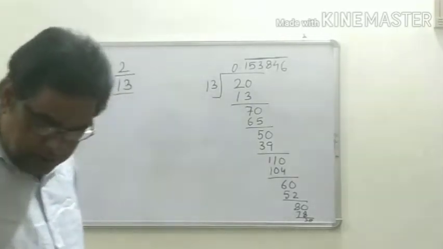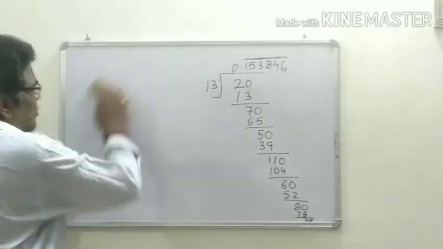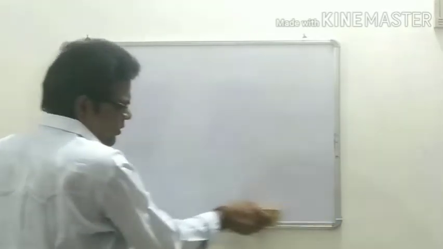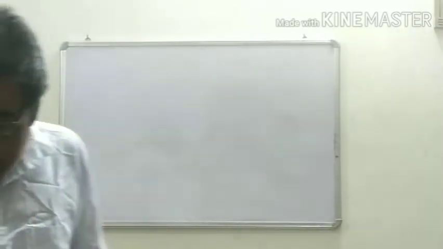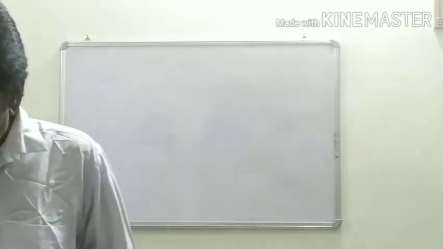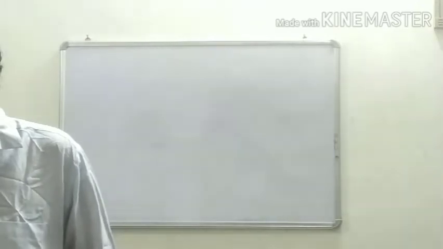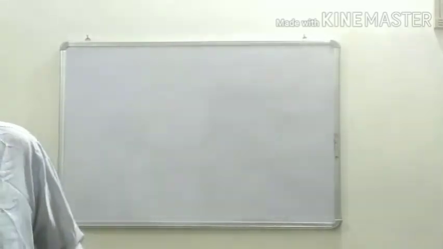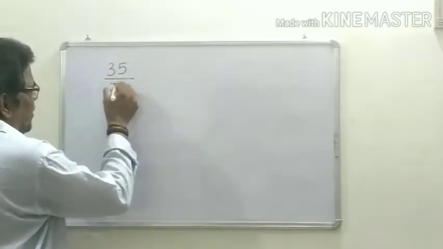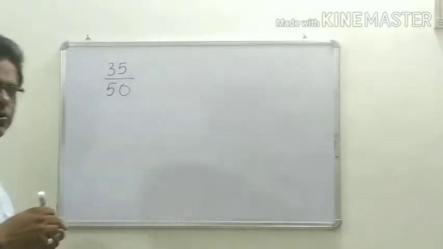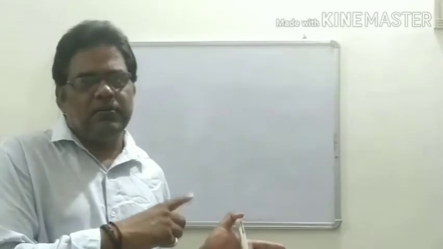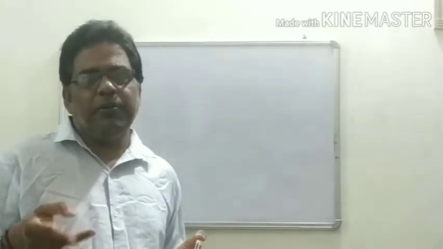Suppose it is from your NCERT book, or may not be from NCERT. If I take 35 upon 50 and I ask you, tell me what type of rational number it is, terminating or non-terminating but recurring.